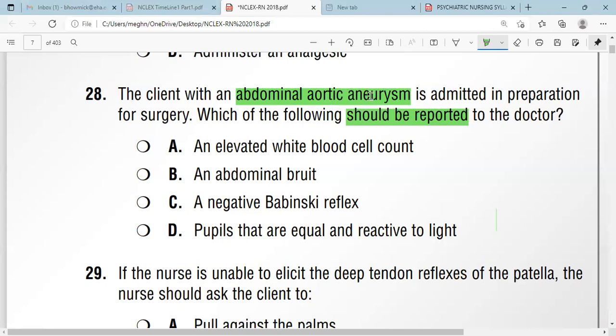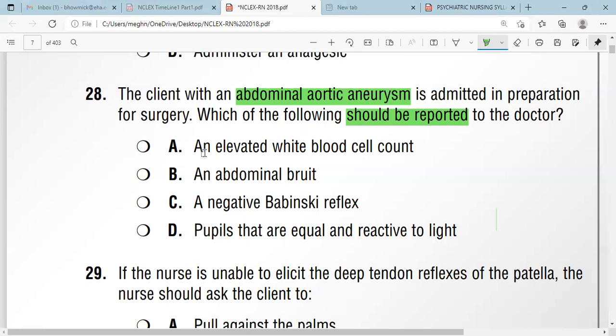An aneurysm is dangerous because if it ruptures, it is a life-threatening condition. When you prepare your patient for any kind of major surgical operation, if you see any abnormalities, we always report it to the doctor. Then they decide whether everything is okay or not.